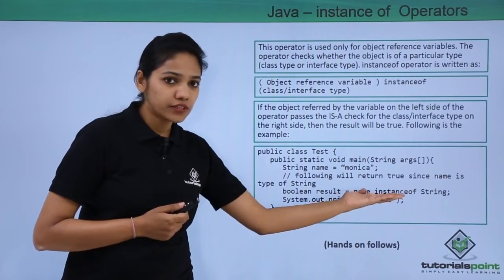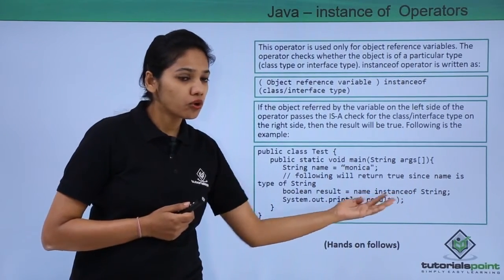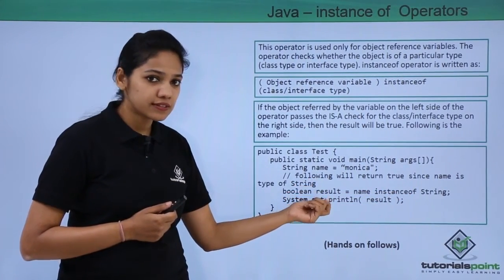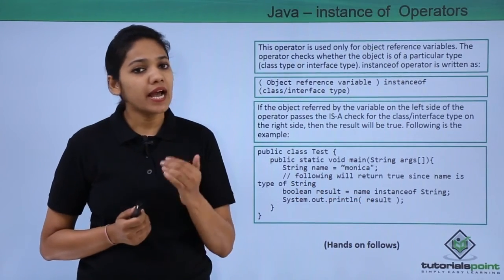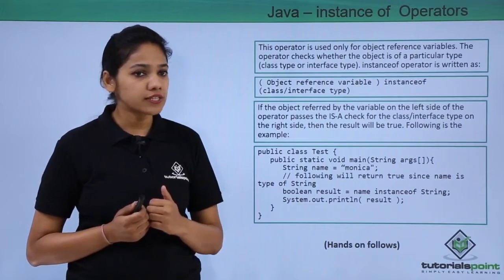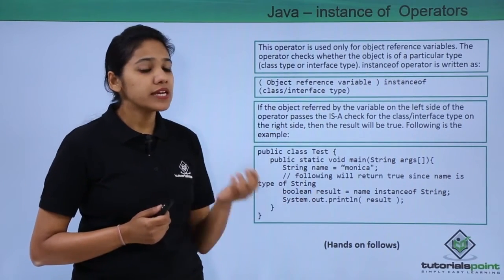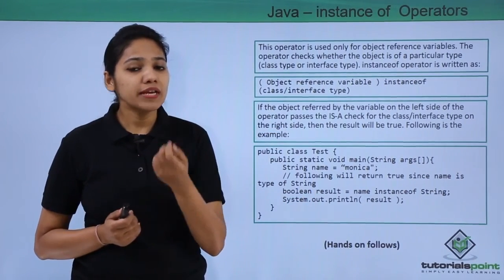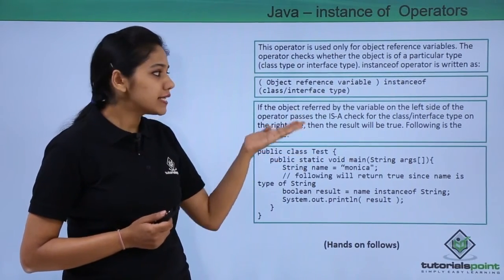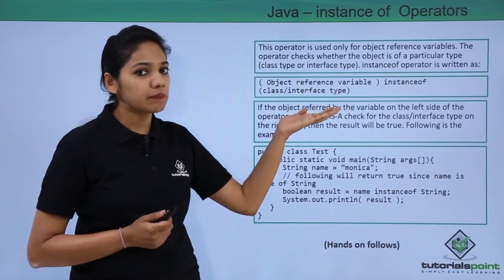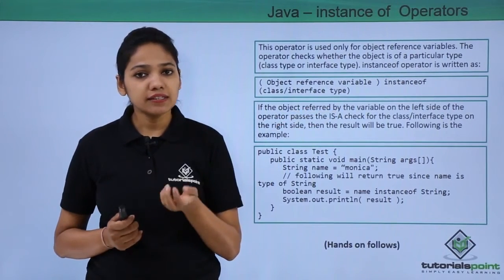The value, whether it is true or not, will be stored in this result, and then the result would be printed. The print would be either true or false. Therefore, the instanceof operator helps you make the comparison whether this particular object variable is of that particular type or not. Let us consider another example.